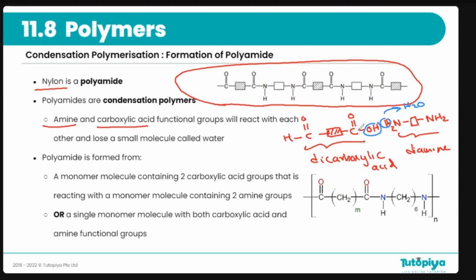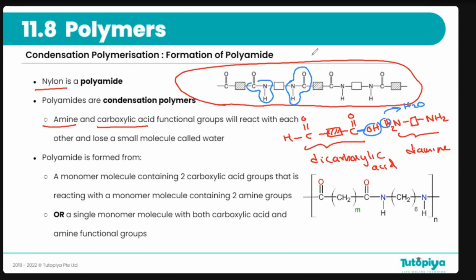The remaining carbon that now needs a bond will bond with the nitrogen to make this kind of an amide bond. Amide bond you can see here, a bond between a nitrogen and a carbon. That's what you can see at every single corner, right?